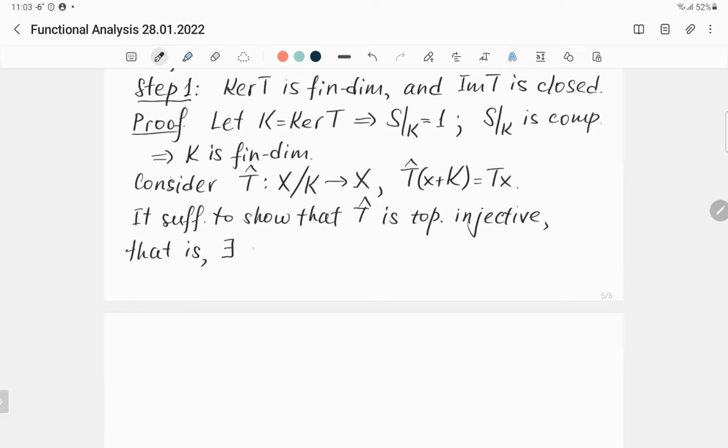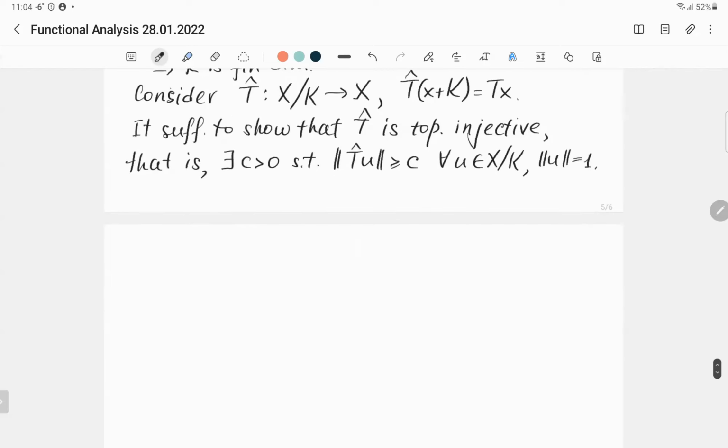That is, there is a positive constant C such that the following inequality holds everywhere on the unit sphere of the quotient of X modulo K. So this property is equivalent to the topological injectivity.